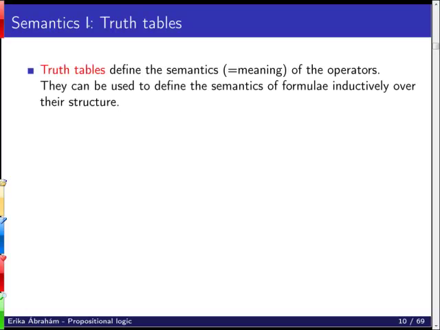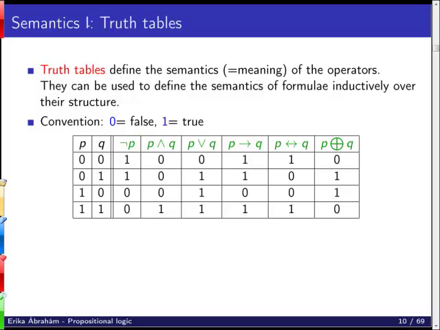So what are truth tables? They define the semantics of the operators in the basic case. So there are truth tables given for not and and. And then I can derive from these truth tables the semantics for all possible propositional logic formulas. How do I do this? First, these two are the basic ones, and the other ones are syntactic sugar.